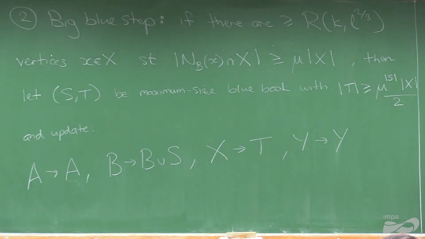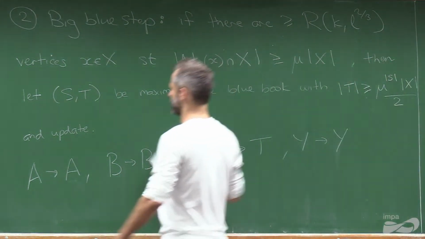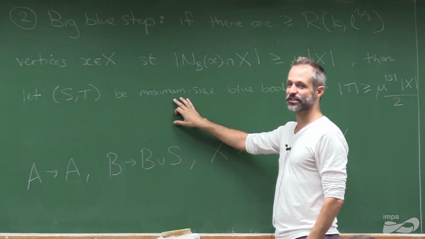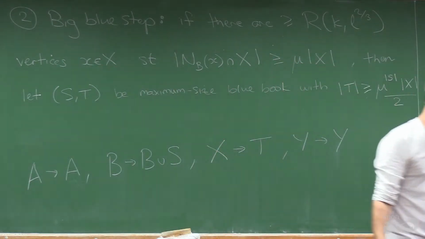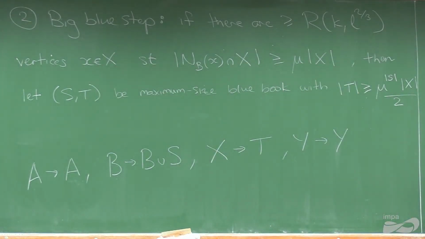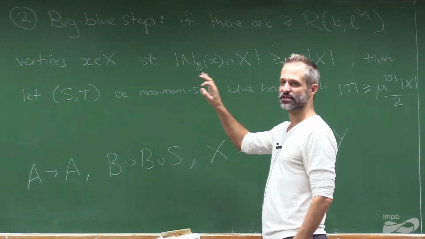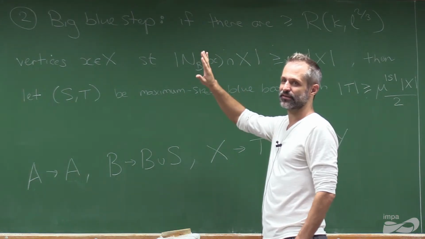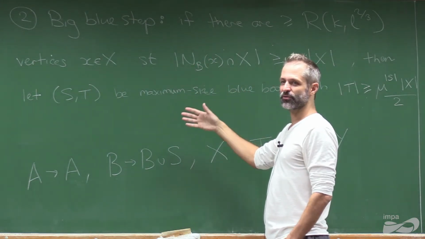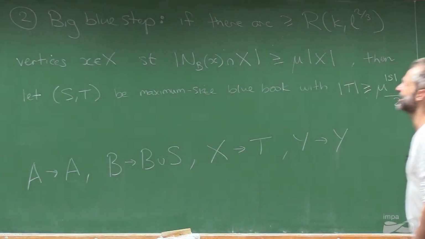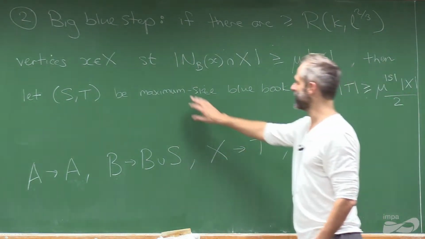S and T are subsets of X. I'm just going to take it to be maximum size. So there's a choice here. In the end, we will find a guy with S of size L to the 1/4, but I'd like to write the algorithm so it always works, without having to rely on any lemmas that we prove later. So we're going to pick a big one.